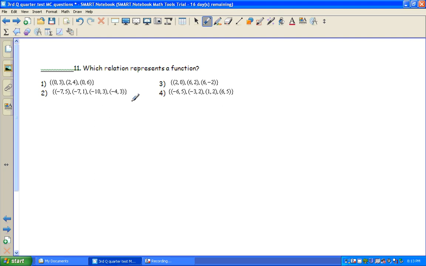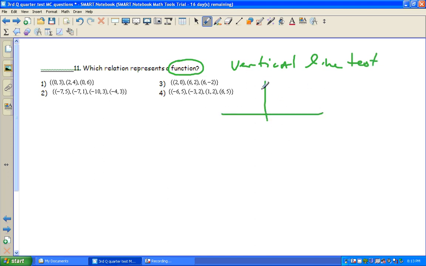All right, which relation represents a function? Remember, the word function means that it has to pass the vertical line test. Which means that when we have anything on a graph, if you have any graph, the vertical line can only touch the graph at one point.